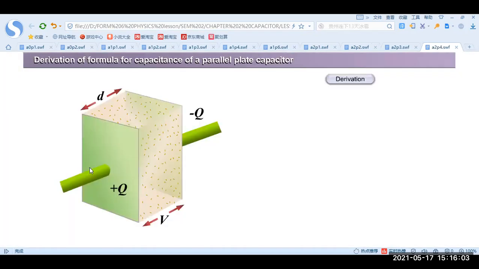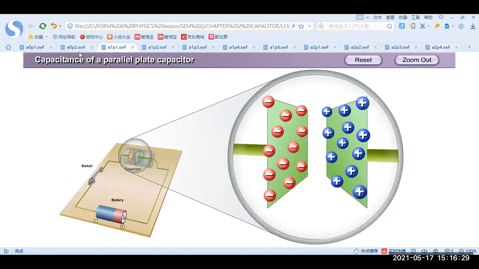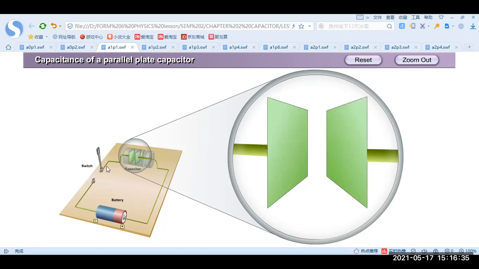Now we look at the derivation of the formula for the capacitance of a parallel plate capacitor. Both plates are arranged in parallel with a distance, where one side is charged positive and the other side is charged negative. We look at the two plates. Initially, both of the plates are neutral.